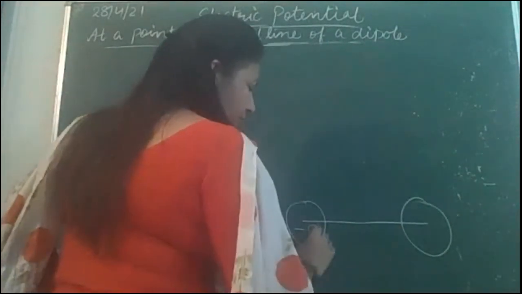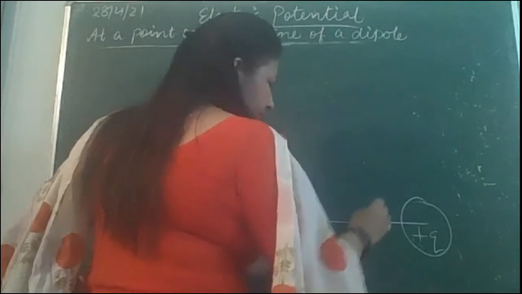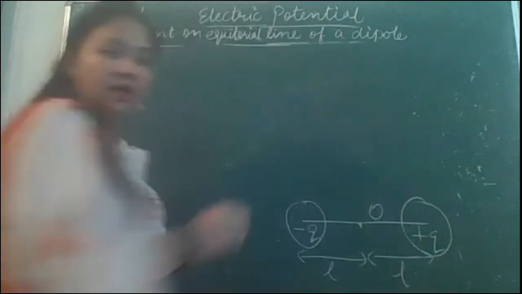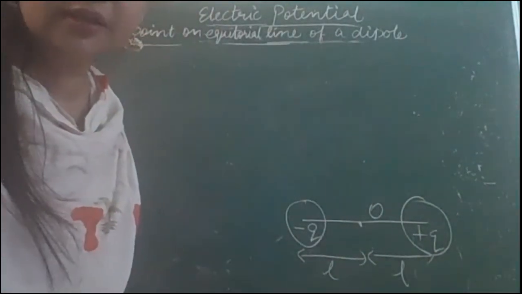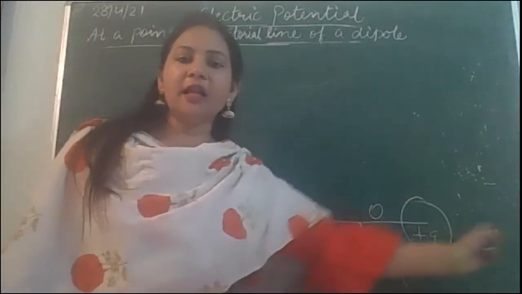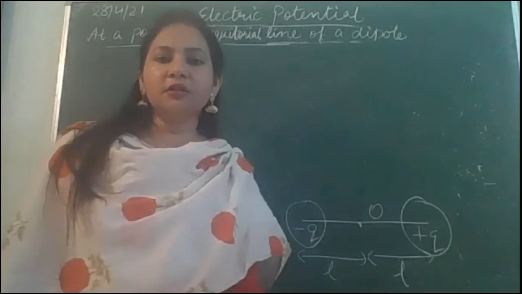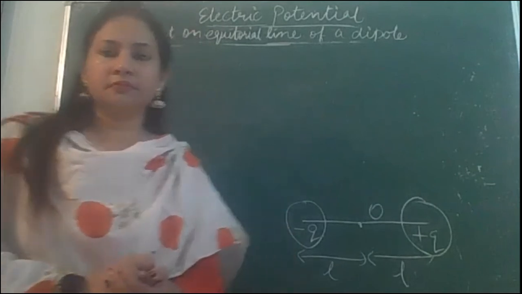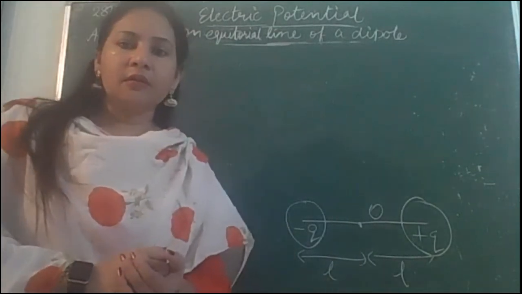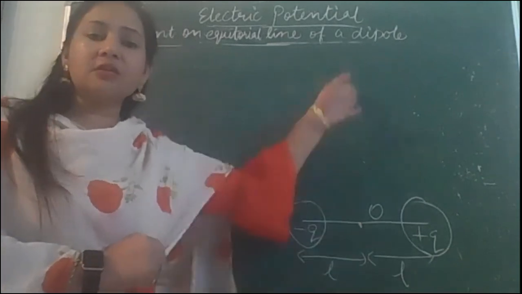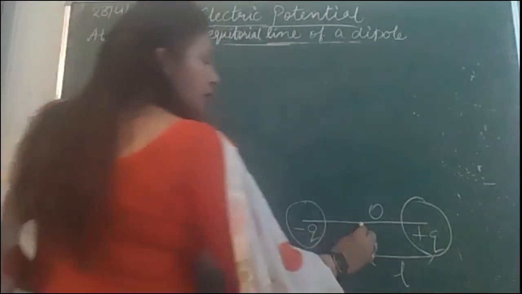We have already found the electric field on the equatorial line. Axial line is a line passing through centers of the two charges forming the dipole. Equatorial line is a line perpendicular to axial line and passing through center of the dipole. So this is equatorial line.